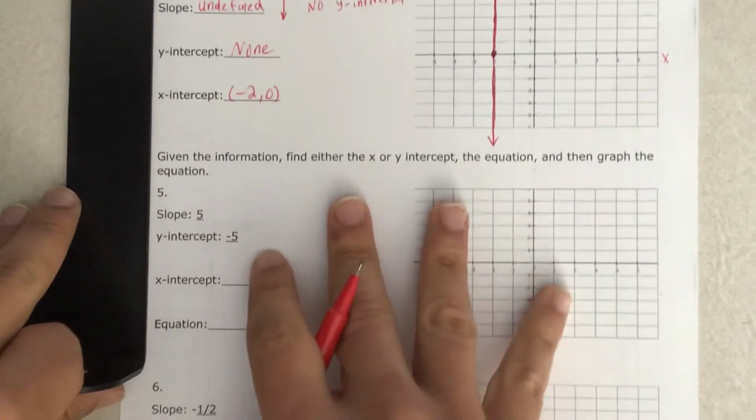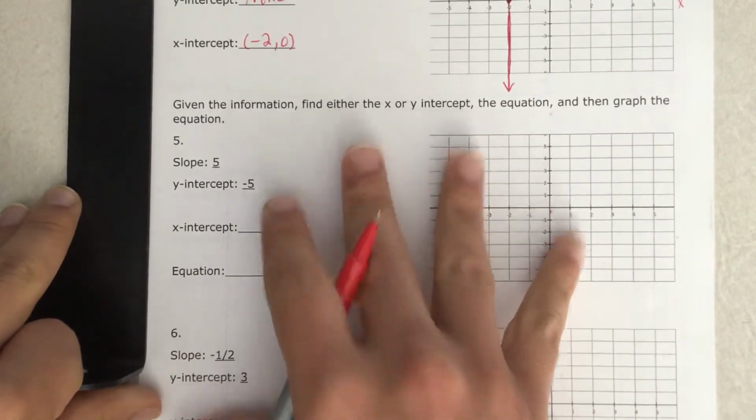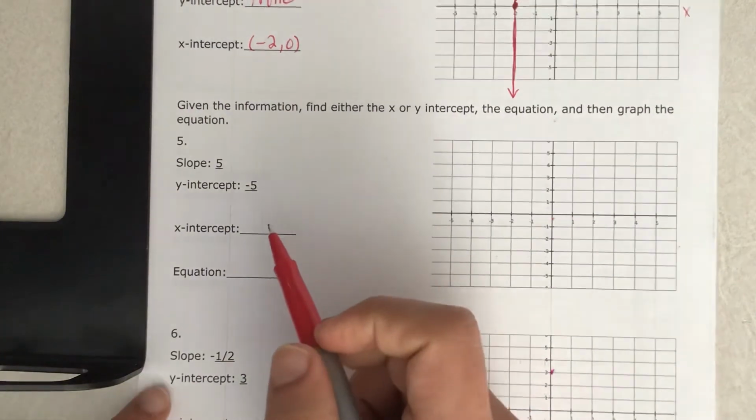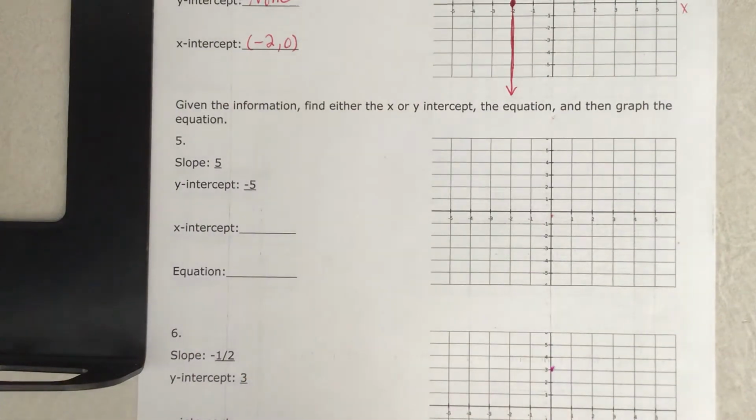Number 5. Okay, so now what we're doing is I'm giving you the slope and y-intercept or x-intercept, and we need to graph it and kind of just find what's missing, okay? So we're going to go kind of out of order here because we have to. So for number 5, I'm told that the slope is 5 and the y-intercept is -5, okay? So the first thing I would do is just write out the equation because that's kind of the easiest part.